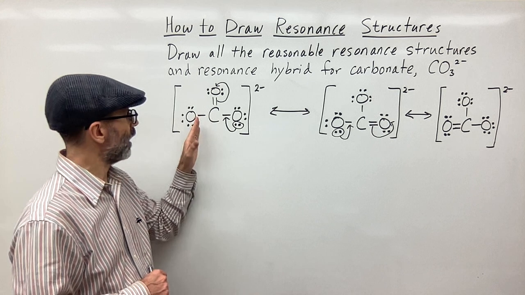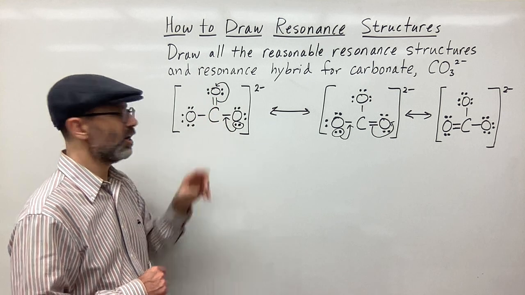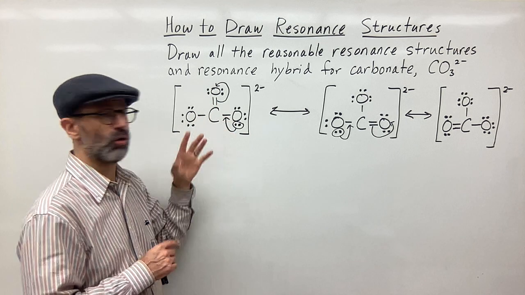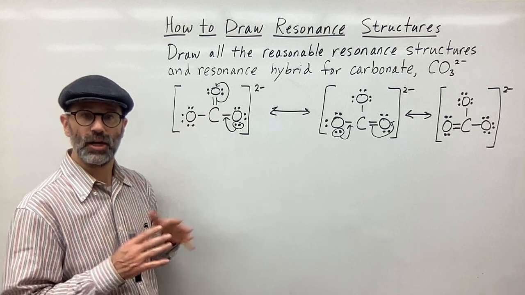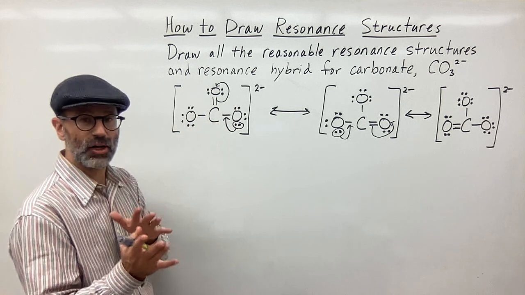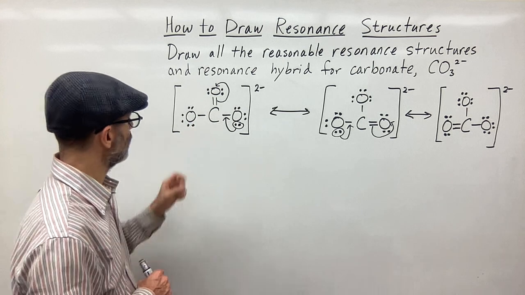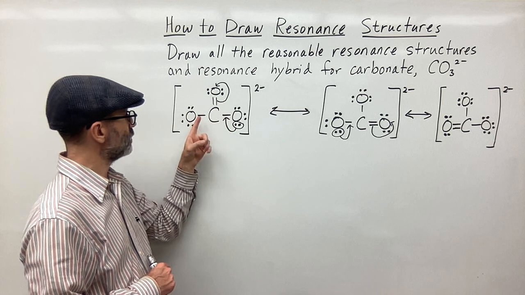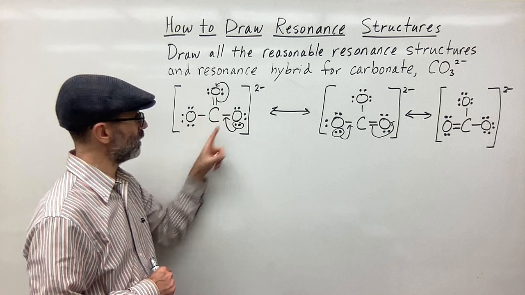I have some sort of hybridization of the double bond with the single bonds such that all the bonds in this molecule are equal. All carbon-oxygen bonds are equal. They're not different. So it's some hybridization between a single and a double bond. The way we calculate that usually is we take the number of bonds, so we have 1, 2, 3, 4, and we divide that by the number of atoms.